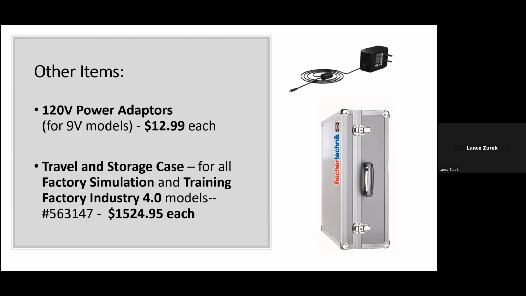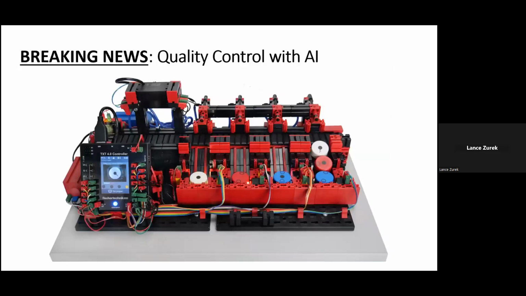The travel and storage case, which is used for all of the full-size factory simulation models, whether it's the factory simulation models we looked at earlier in the presentation, or the Training Factory Industry 4.0 models that we looked at, any of those 4 variations, this is the case you would use, and the cost for that is $1,524.95 per unit.